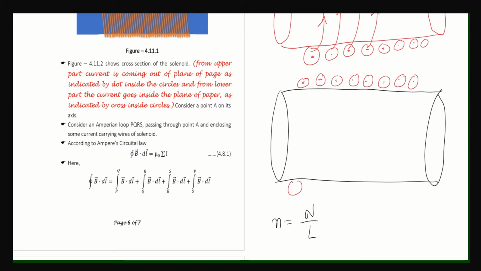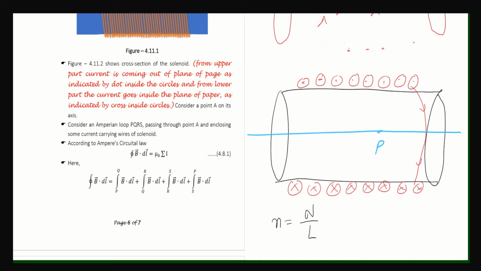So what does it mean? This indicates that the current is going like this. Now there is a point P somewhere on the axis, and this is where we want to find out the magnetic field. So what to do?